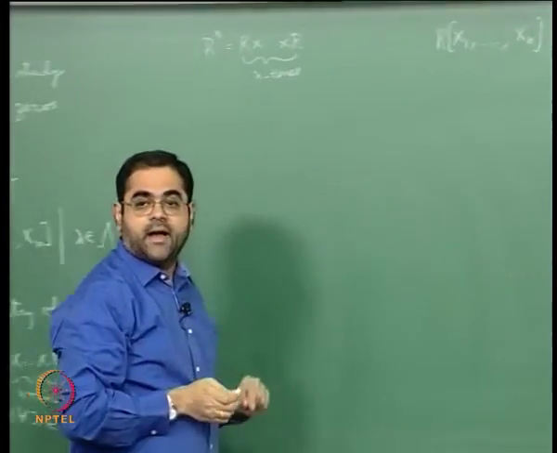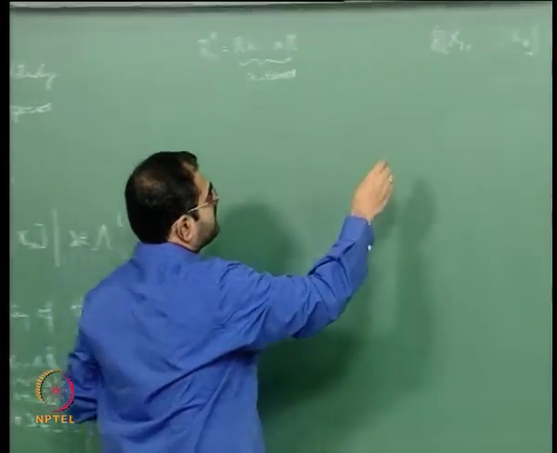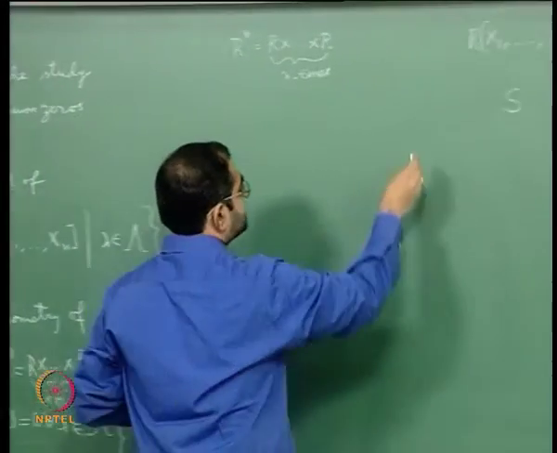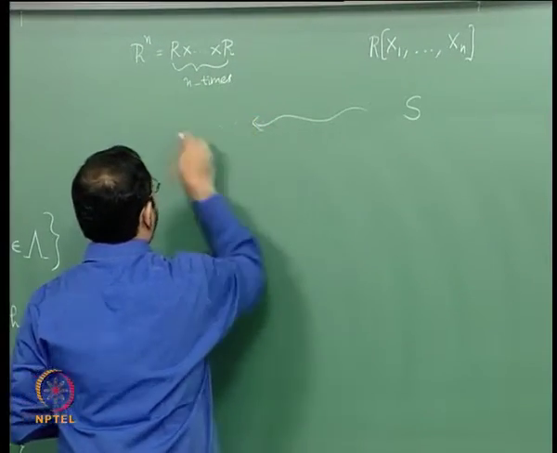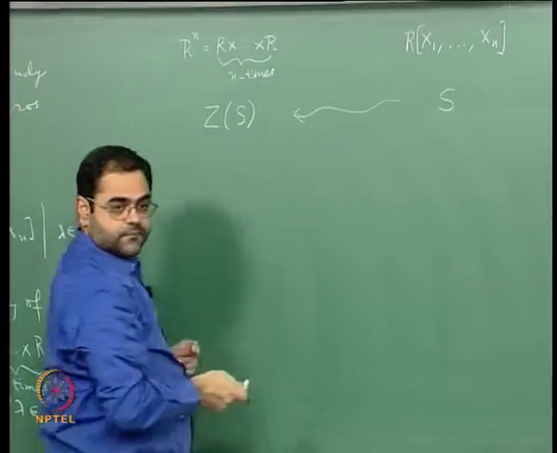And what is happening is that I am given a subset S of the polynomial ring, and I am associating to that subset the set of common zeros of that subset, which is a subset of Rn, okay.